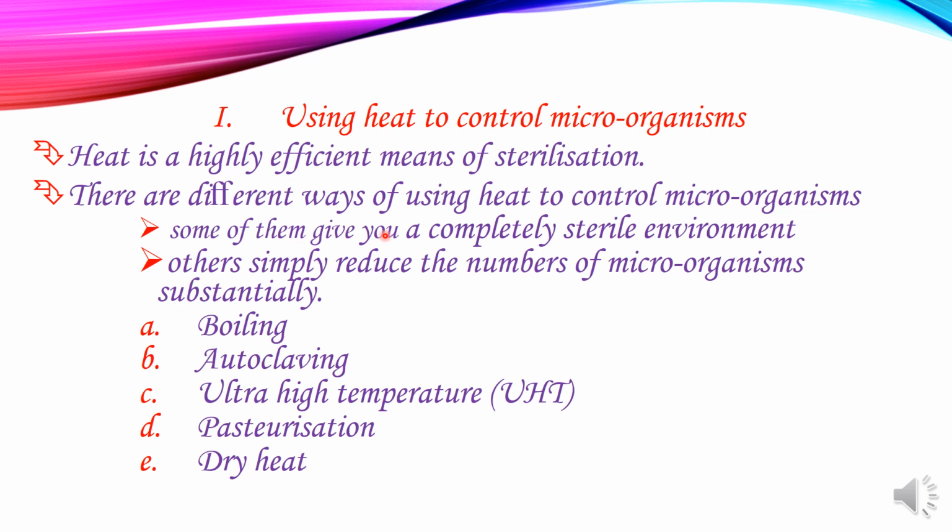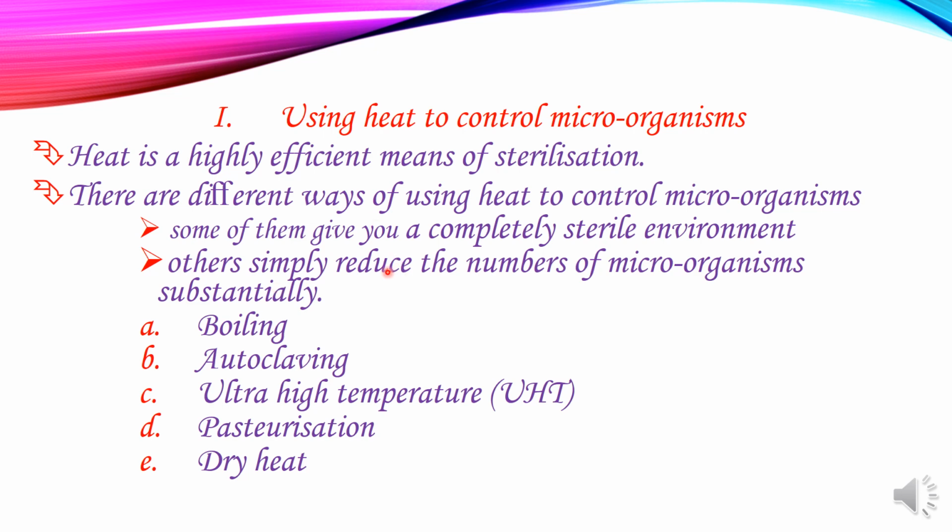Some of them give you a completely sterile environment, completely sterilizing the object, whereas others simply reduce the number of microorganisms substantially. Some of the heat methods completely destroy microorganisms, while others reduce their number to a good level.